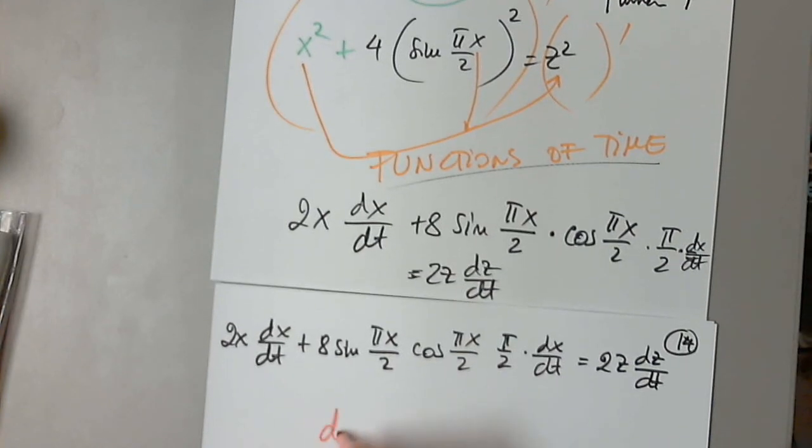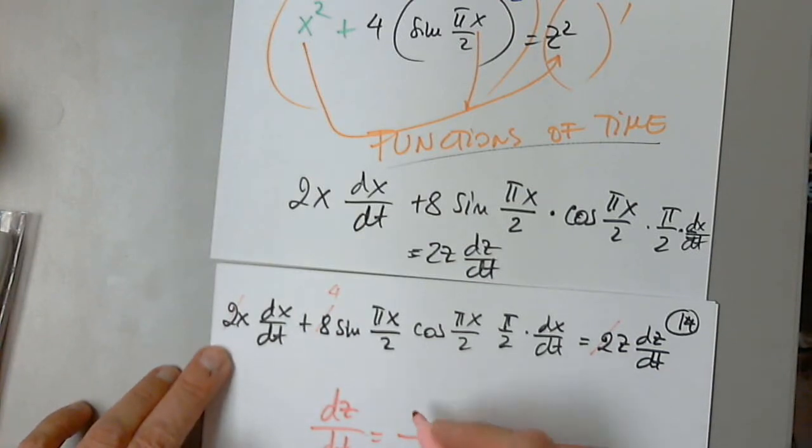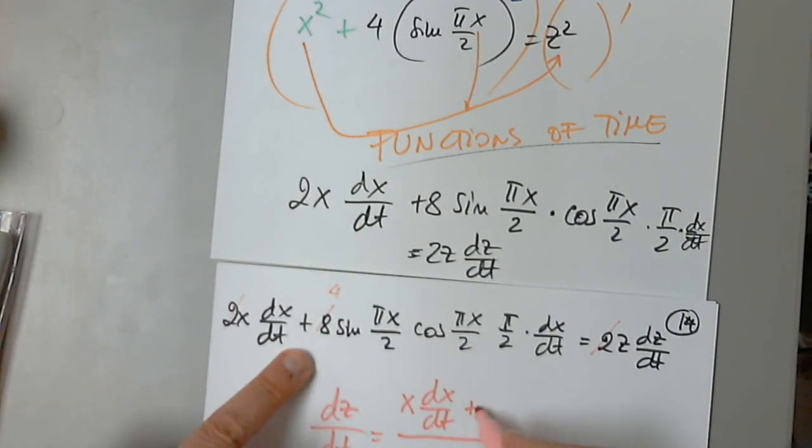So I'm just going to write dz over dt equals, I will simplify by 2. So it's just z in the denominator. And the numerator is x dx over dt plus 4 sine pi x over 2 cosine pi x over 2 times pi over 2 times dx over dt.